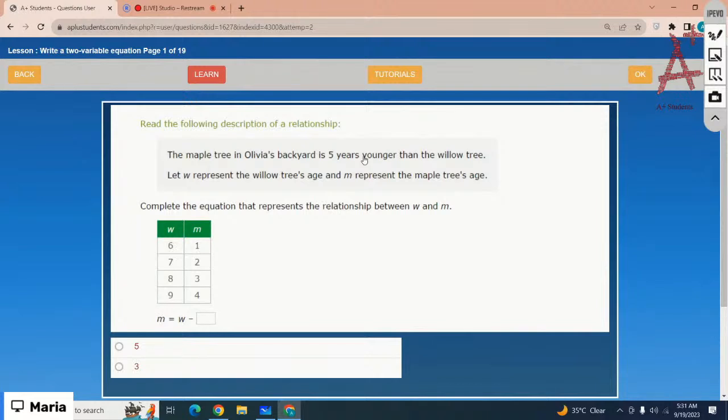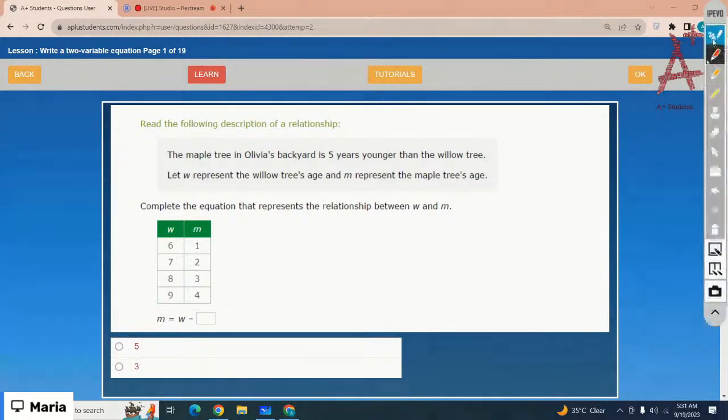Just look at the relationship between the W and the M values, right? You can see 6 and 1, 7 and 2, and you're given W minus M. That means some value is being subtracted, right? 6 minus what number equals 1? 7 minus what number equals 2? 8 minus what number equals 3?